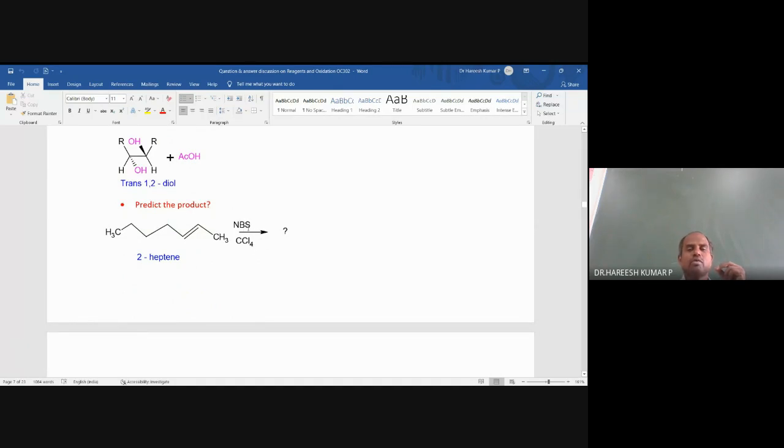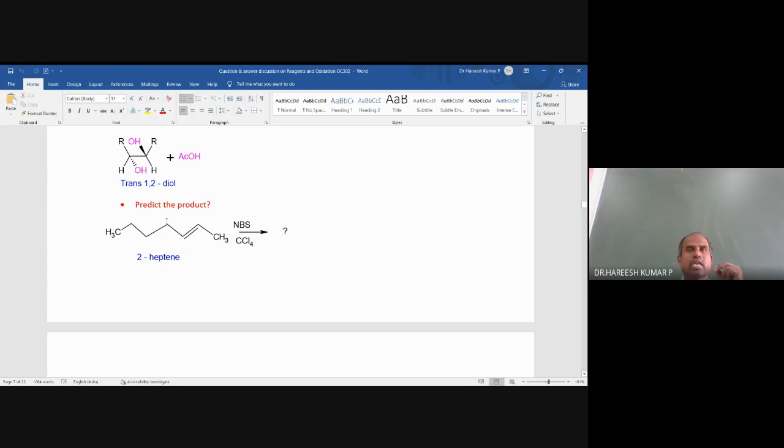NBS, you know what it will do? It will capture the allylic proton. In this NBS reagent, you should be able to find out which is the allylic carbon, which is the allylic proton, which is the enolic proton, which is the enolic carbon. If you are able to find that, then writing the product is easy. This is called a methyl proton.